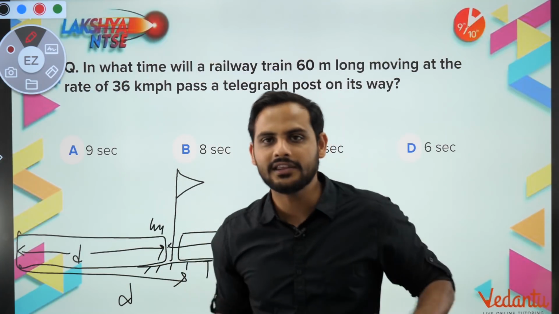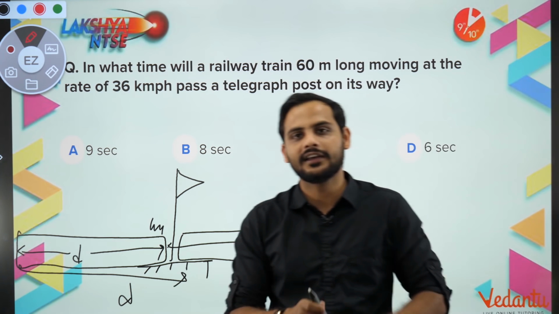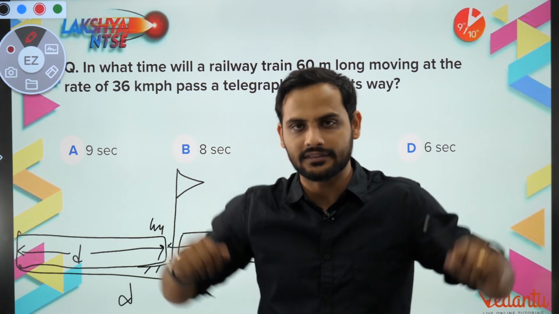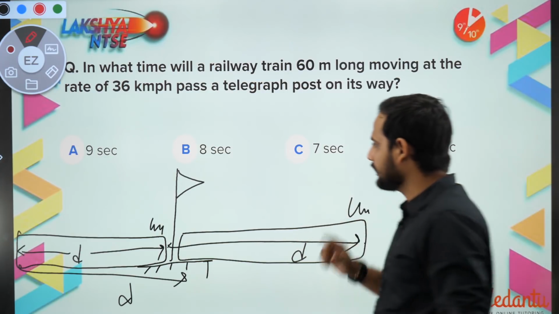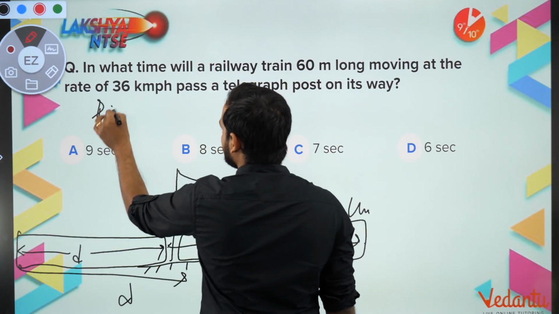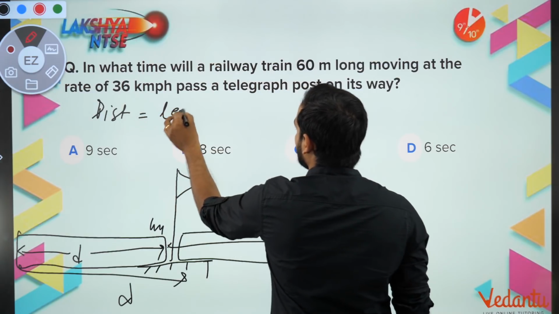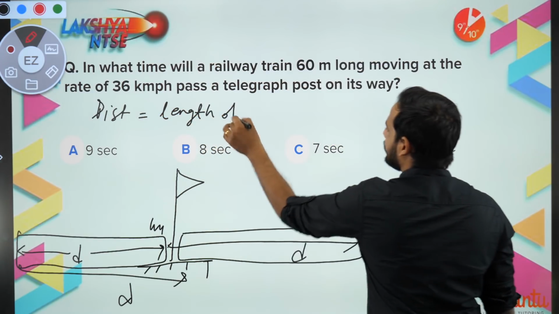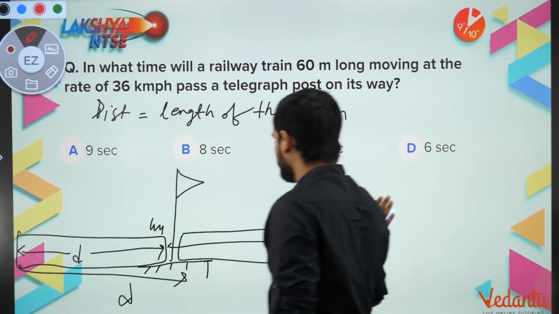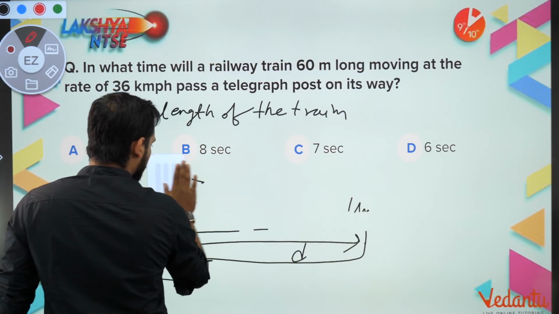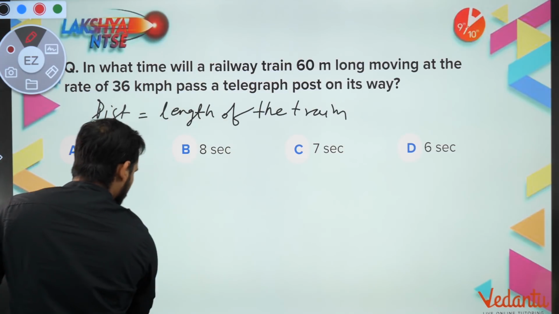So in all these cases, when the train has to pass, it has to travel its own length. So distance is equal to the length of the train.